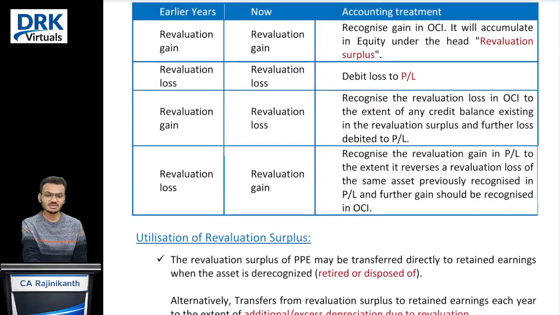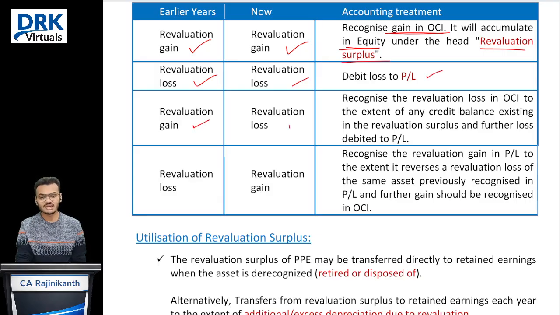If it is a subsequent revaluation, okay, in the earlier revaluation it was a gain and now it is also a gain, in that case also you recognize the gain in OCI. It will accumulate in equity under the head revaluation surplus. Prior also loss, now also loss, you debit to P&L. Previously it was a gain, now it is a loss.